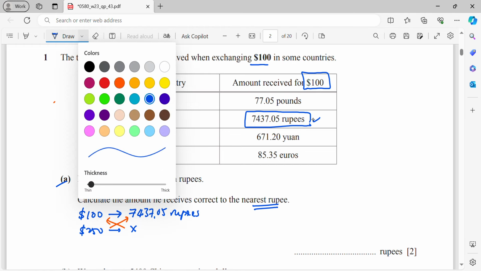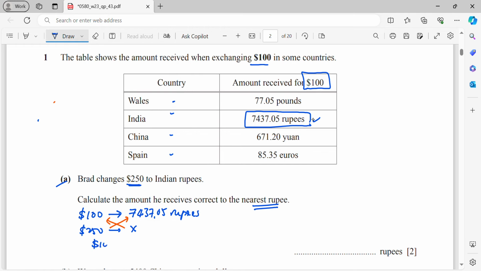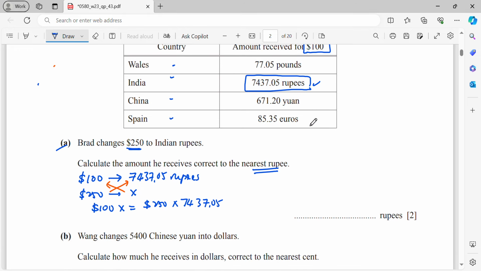Then you will get $100 X equals $250 times the rupees. Now to get the X, we divide the whole equation by 100. So now my X is $250 times 7437.05 divided by $100.